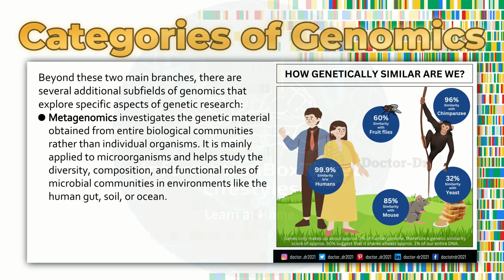Metagenomics investigates the genetic material obtained from entire biological communities rather than individual organisms. It is mainly applied to microorganisms and helps study the diversity, composition, and functional roles of microbial communities in environments like the human gut, soil, or ocean.